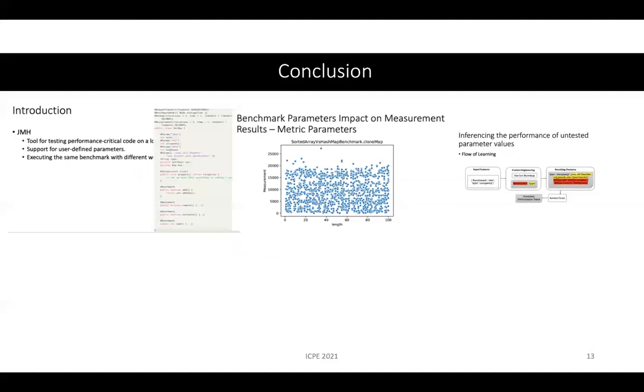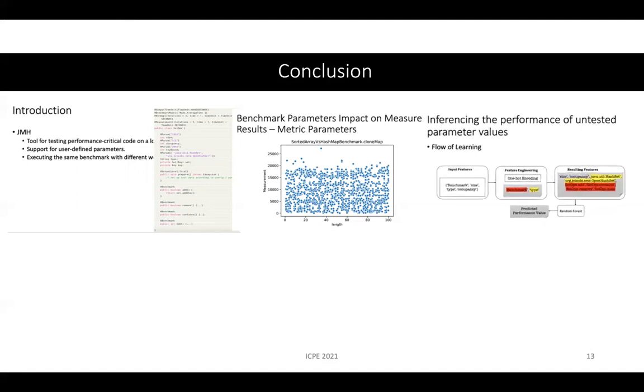Then we rely on feature selection in order to quantify the importance of different parameters for benchmark classes with multiple parameters. And ultimately, we rely on a machine learning model that predicts the measurements for unseen parameterizations.